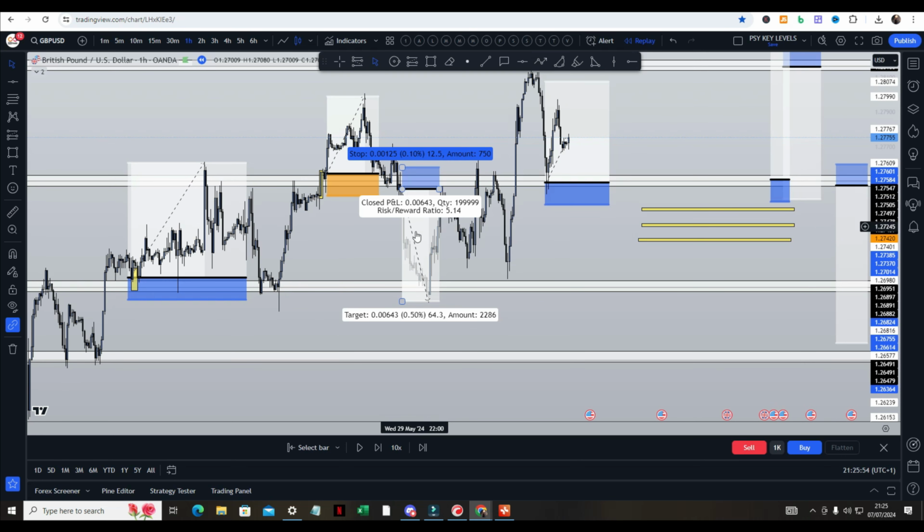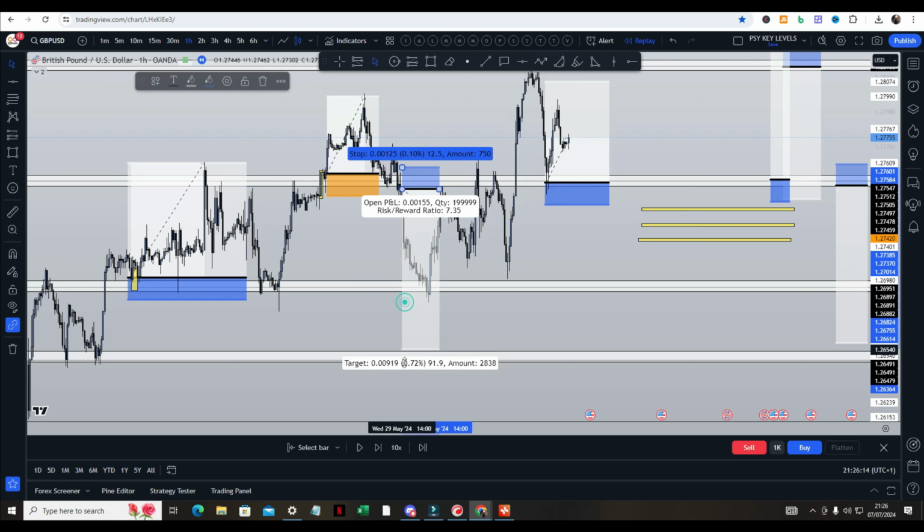Now I'm looking for only 64 pips, which is a 1 to 5. That's again my 1 to 5, right? 64 pips because 12 pips stop loss times 5, that's 64.3. On average, I've seen that the market moves 64 pips, so that's what I'm trying to capitalize on. We would all like to go for a 1 to 10, right?